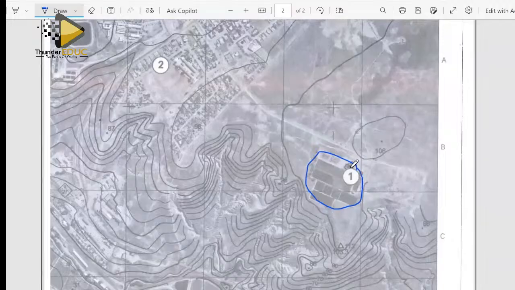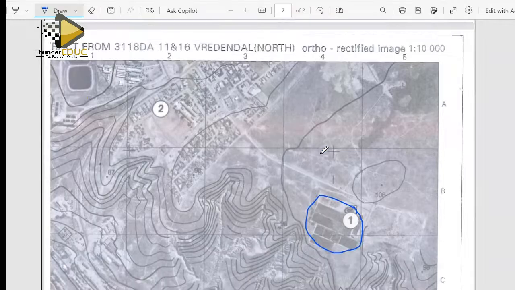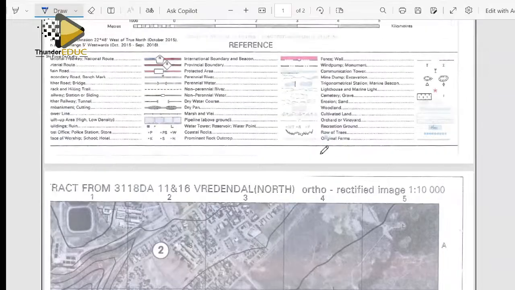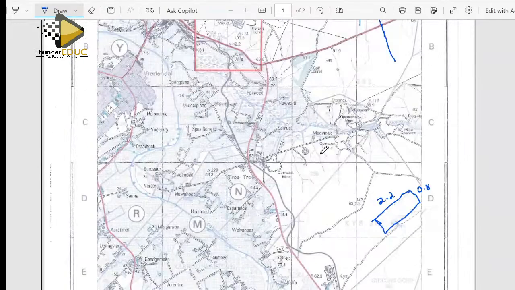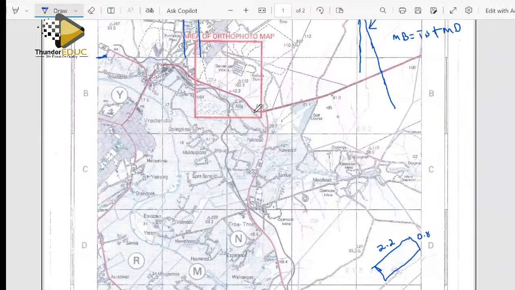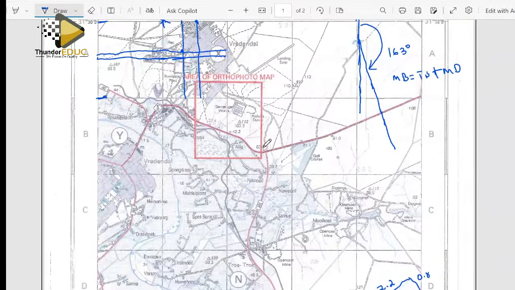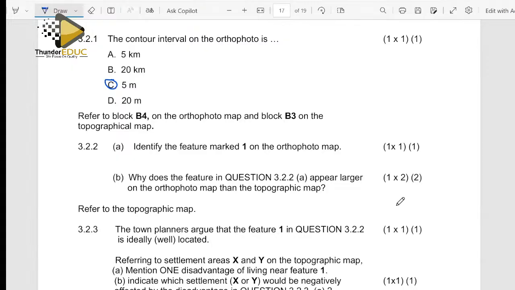That is block B4 on the orthophoto, and on the topographic, the same feature is found in block B3. Block B3, B1, B2, B3 is also here. This is the same feature. So the question is saying, identify the feature. The feature we've seen is the sewage works.